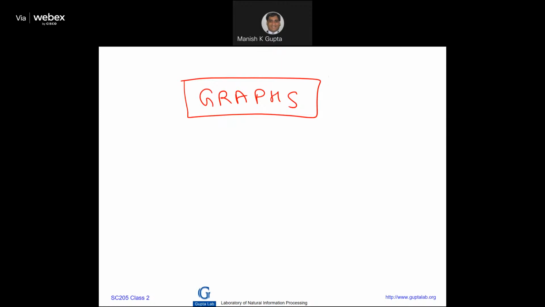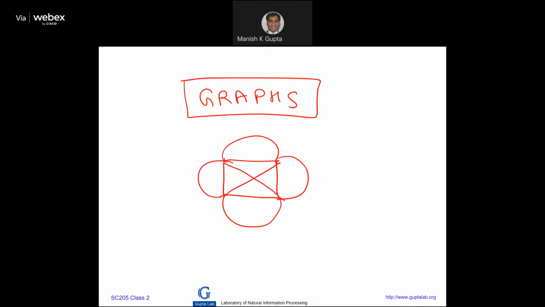It started from a river, right? Germany. There is the 7 bridge problem that resulted in graph theory. So essentially, if I ask you, can you make this kind of picture without lifting your pencil, right?